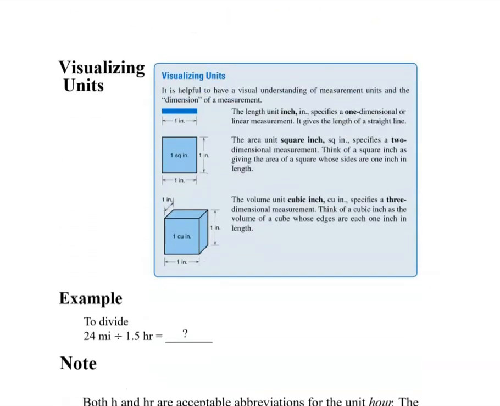Okay, so when we're talking about length, it's one-dimensional. When we're talking about area, it's two-dimensional. It's going to be length times height. The units are always going to be squared. When we talk about volume, it's three-dimensional, so it's going to be cubed. Whatever your units are, inches times inches times inches is going to give you something that is cubed.